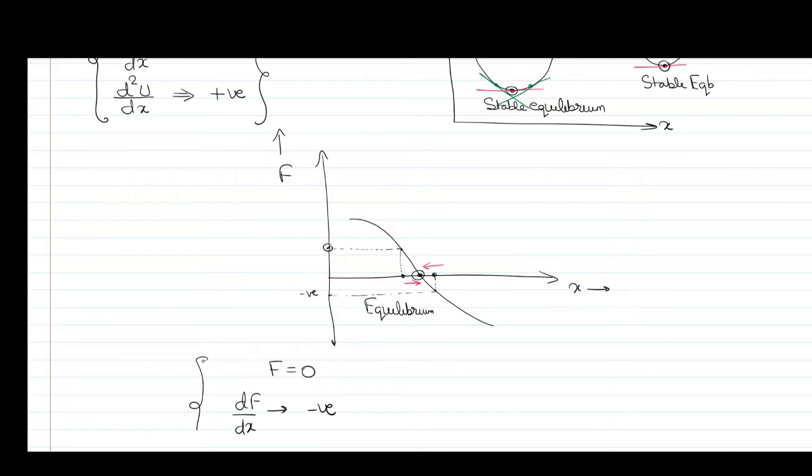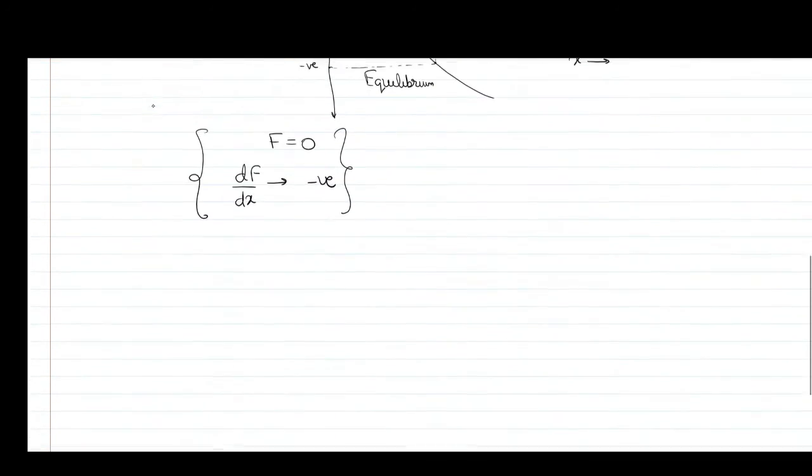So these are the two conditions for stable equilibrium. In terms of potential energy, du by dx is 0 and double differentiation d2u by dx square is positive. And for force, force must be 0 and differentiation of force must be negative.